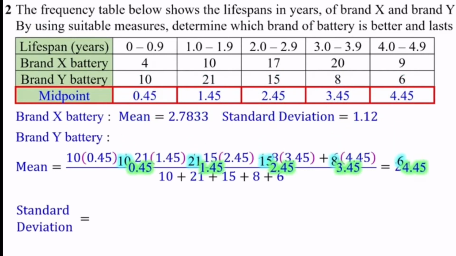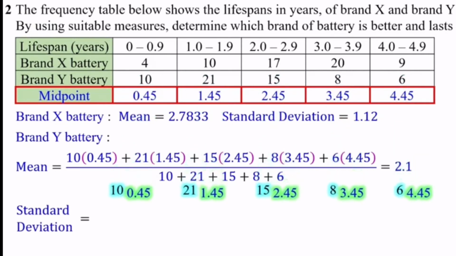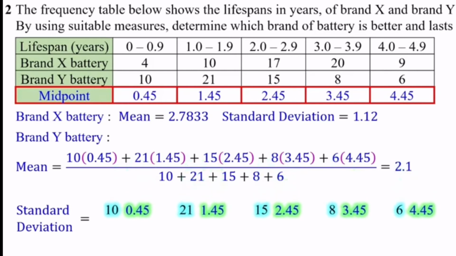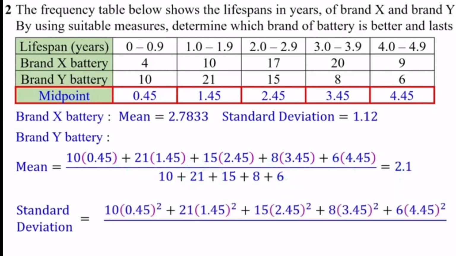One by one, frequency times the midpoint squared, you add them up over the total frequency, and then you minus the mean just now, which is 2.1 squared. So you need to square the midpoint, square the mean also, and subtract the mean squared. Let's do it now.